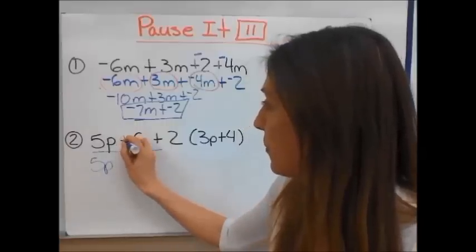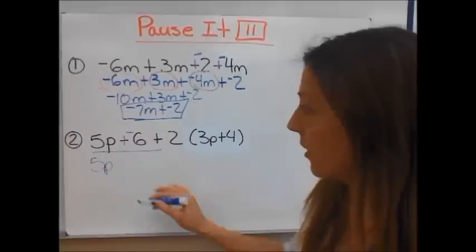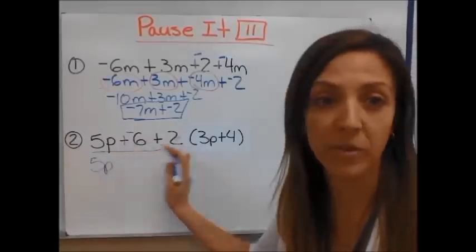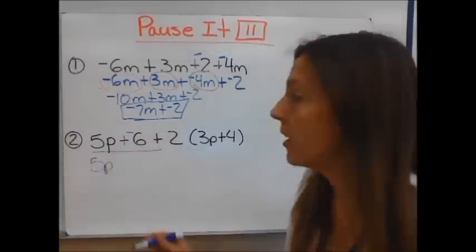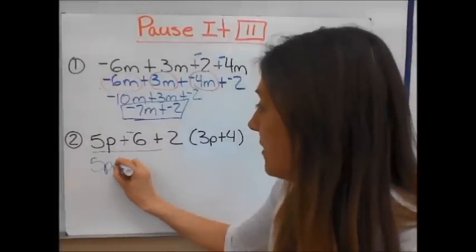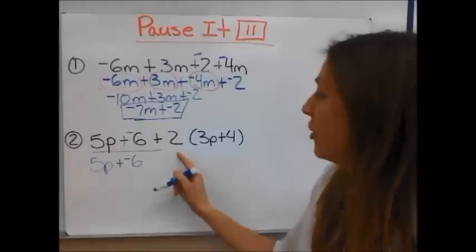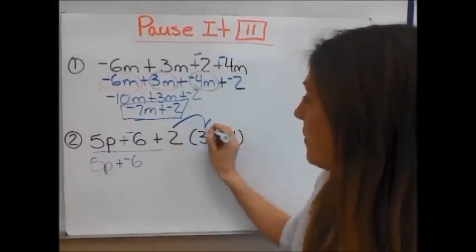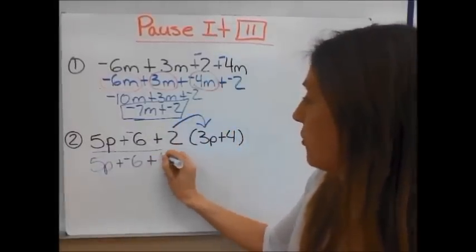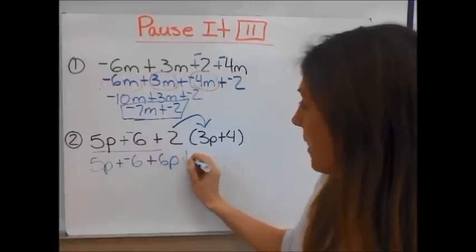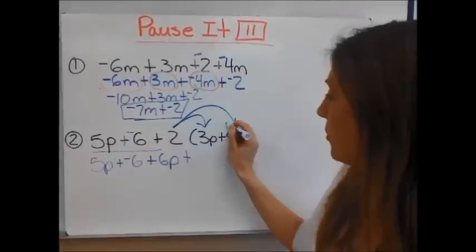I'm going to stay switch wherever it's not done and make sure that this is all addition. So 5p plus a negative 6. I wrote that part out, but the 2 is in front of the parentheses. So I'm going to do 2 times 3p, which is 6p, plus 2 times 4, which is 8.